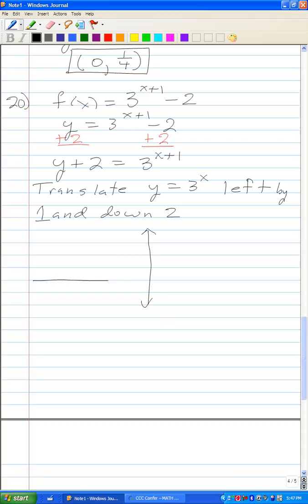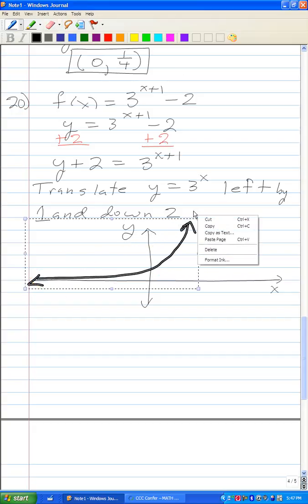Okay, so let's do that. So let's graph y equals 3 to the x. So it goes up like this. And let me change that color. Let's change that to a red, I guess.